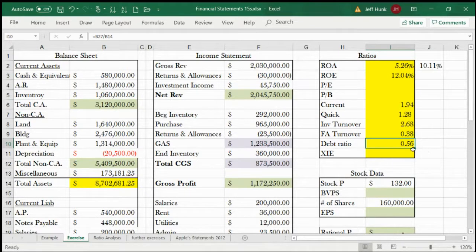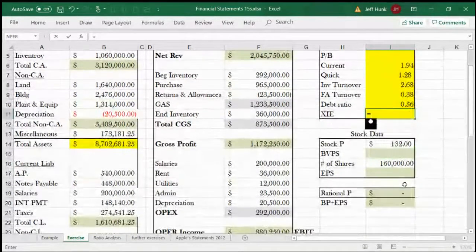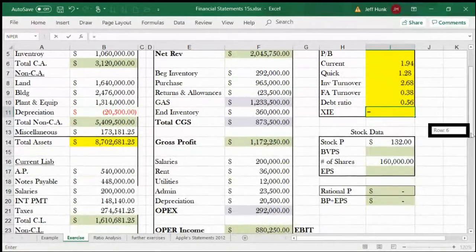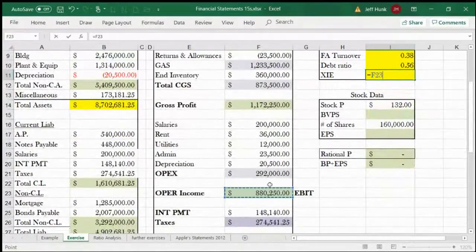Okay. Now, what about the times interest earned? Times interest earned is basically EBIT over interest payment. So where's the EBIT? Operating income is the EBIT, and then you divide it by interest payment. You can find interest here, or you can find interest here as well.